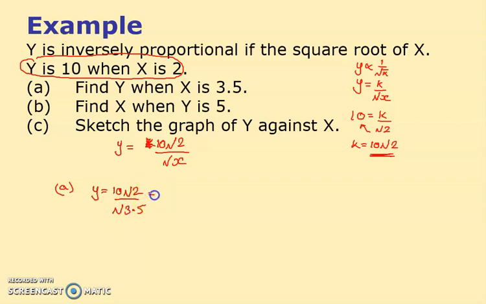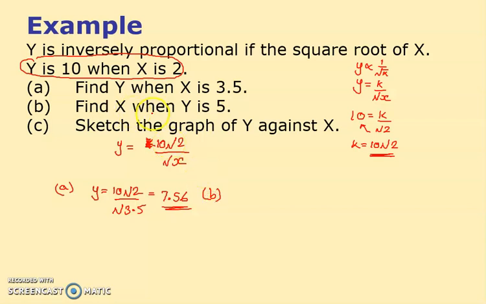And I don't think this is going to get very nice, so I'm just going to do it as a decimal. 10 root 2 divided by the square root of, was it 3.5? And I get 7.56. See in a bit if that's right.